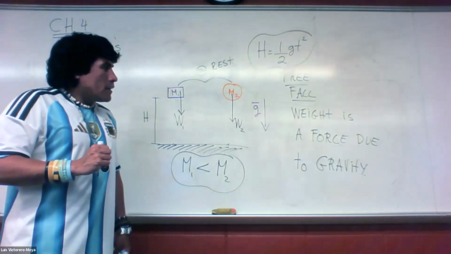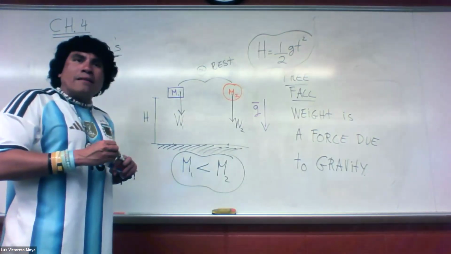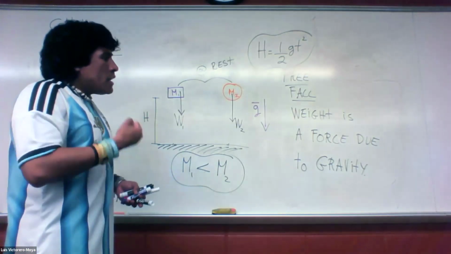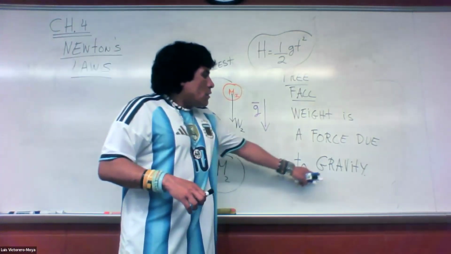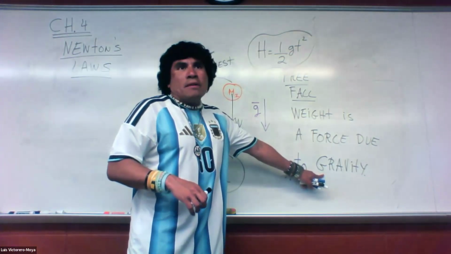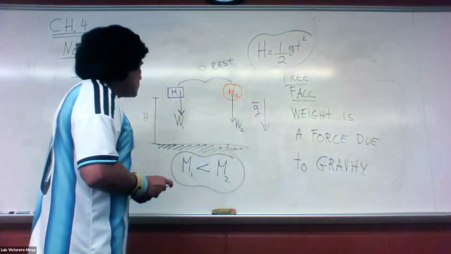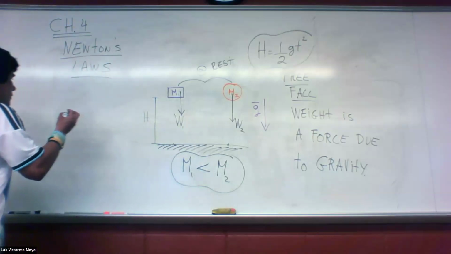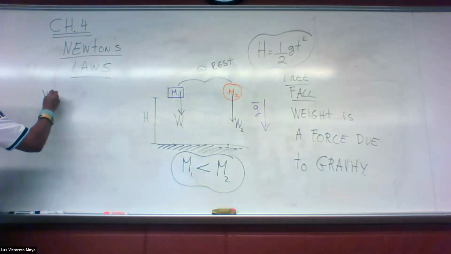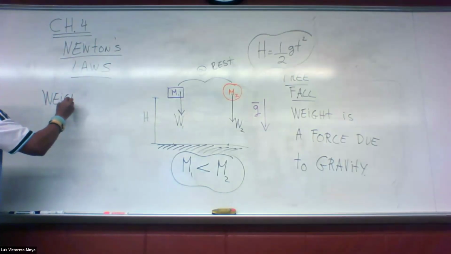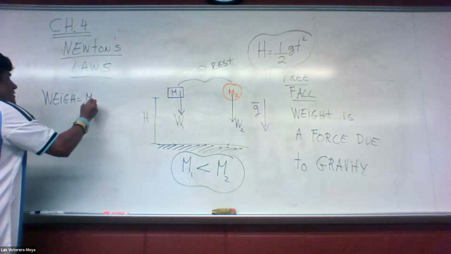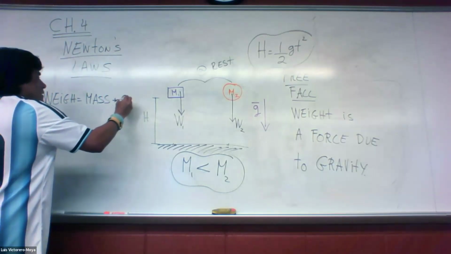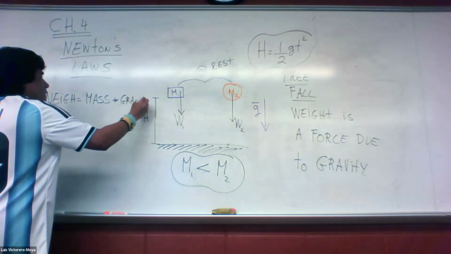All right? Mass is the amount of matter. Weight is a force that only happens because of gravity. Okay? So, mathematically, what is weight? Weight is the multiplication of mass times gravity.